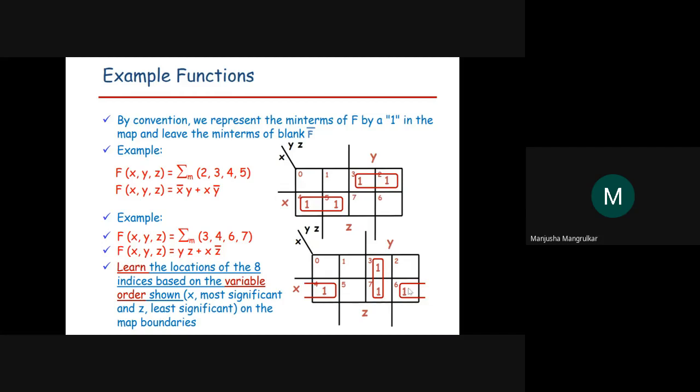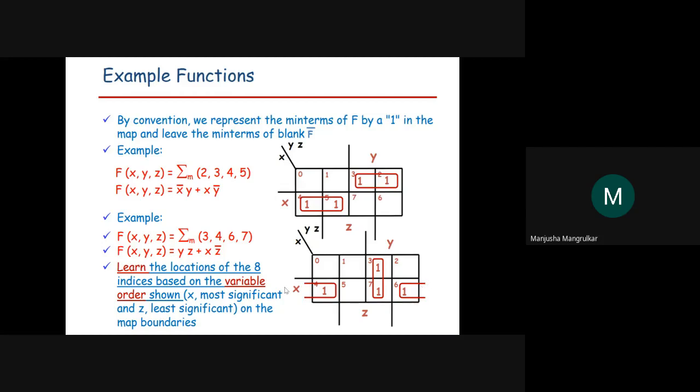4, 6 and 7, this is one group, and you can do the grouping this way also. x is a constant, y is also changing, and only z will be there. So for this it is yz, and for this term it is xz complement.